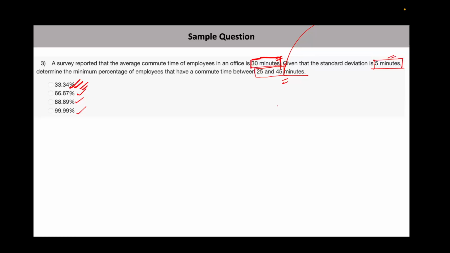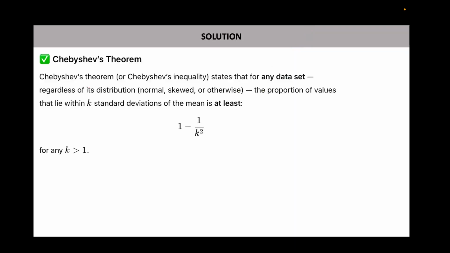Okay, so now let's go ahead and solve this kind of question. To solve this question, there is a theory called Chebyshev's theorem. It is also called the Chebyshev inequality theorem.